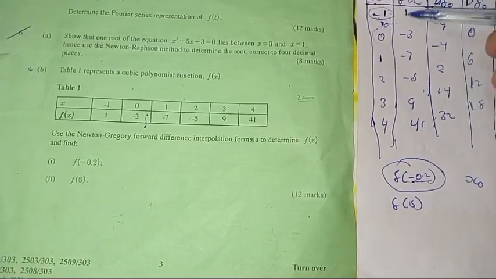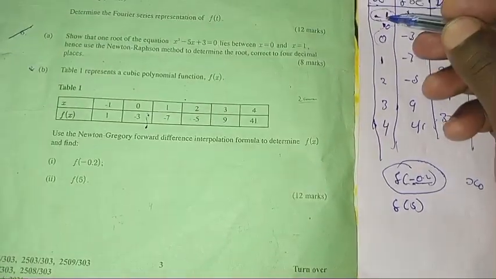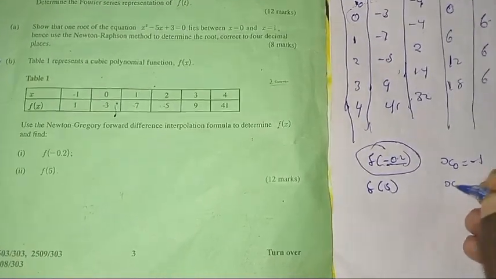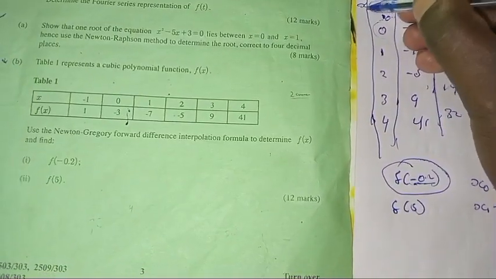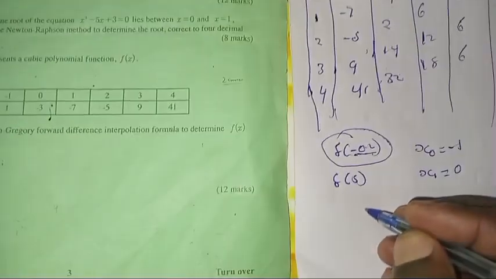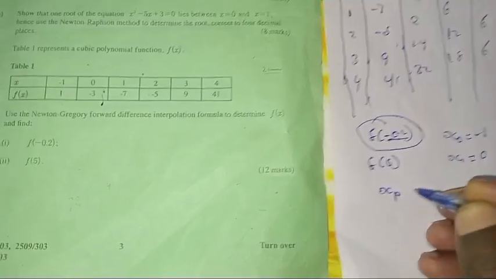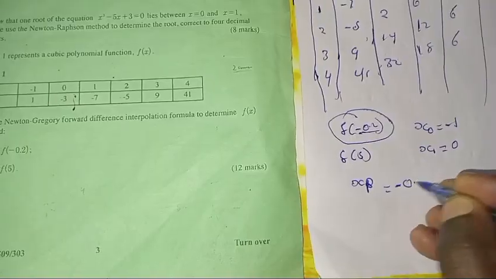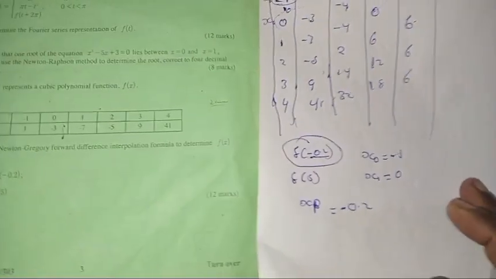So we start by finding x0. x0 is -1, and x1 is 0. So this is x0, this is x1. xp is the value we want to obtain, which is -0.2.